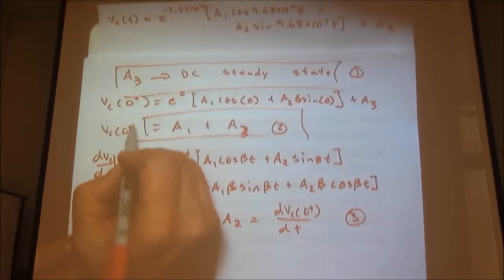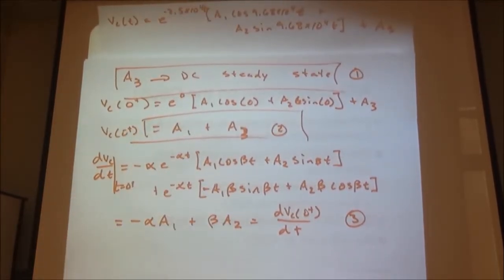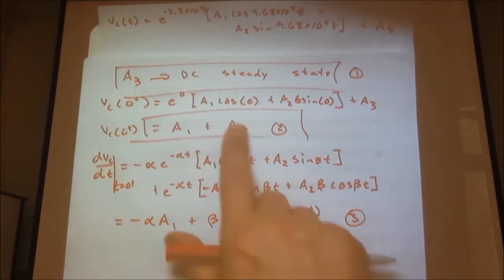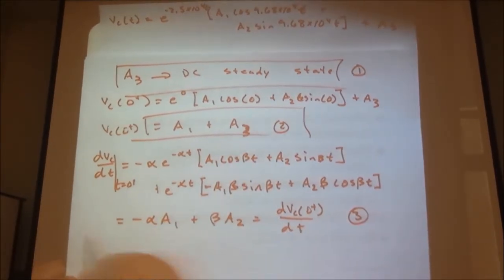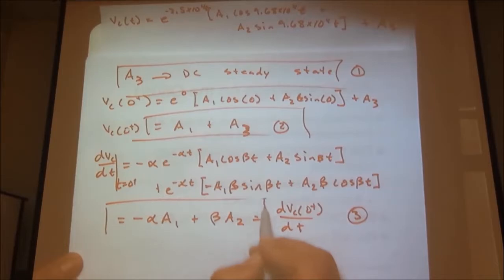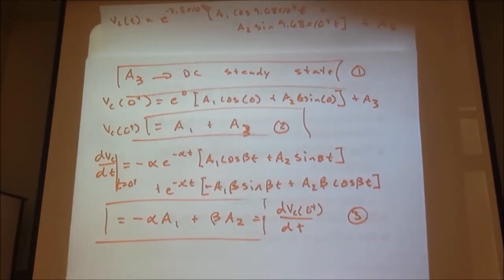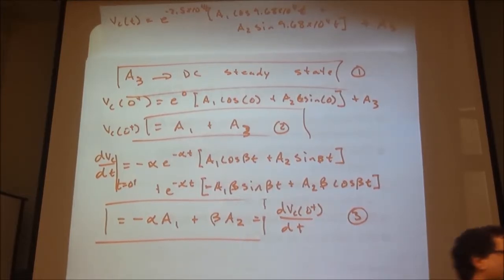I should leave VC0 plus outside because that could be current, that could be anything, but that form, we're going to wind up with A1 plus A3. And then this form, I'll leave the DVC0 plus outside. But it's always going to take this form. So that's, again, the beauty.